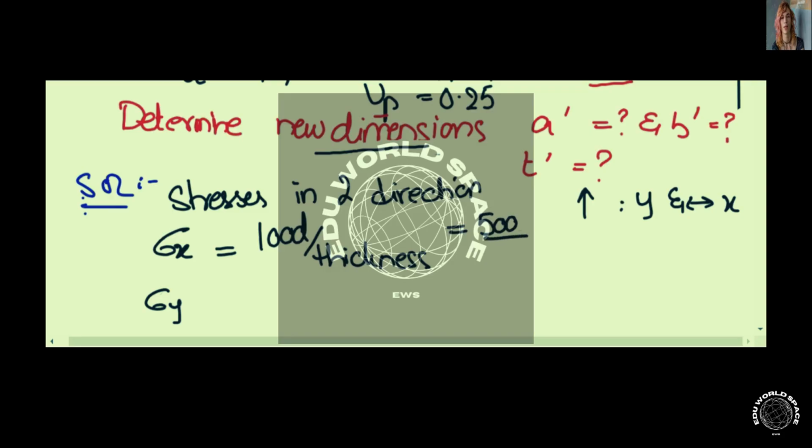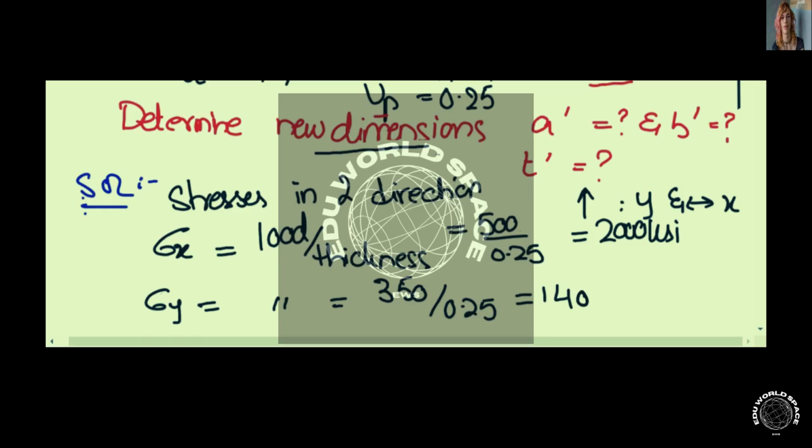So 500 divided by the thickness, that is 0.25, and we get our new stress of 2000 ksi. And again, this would be the same here. The load that is being applied in the y direction is 350, and the thickness is 0.25, so calculated, that is equal to 1400 ksi.